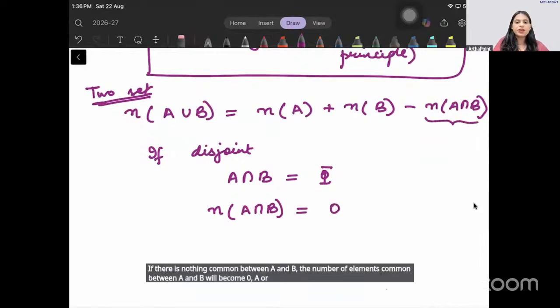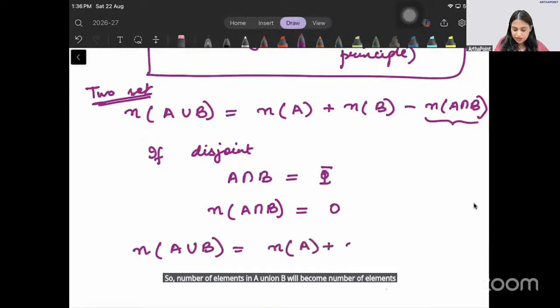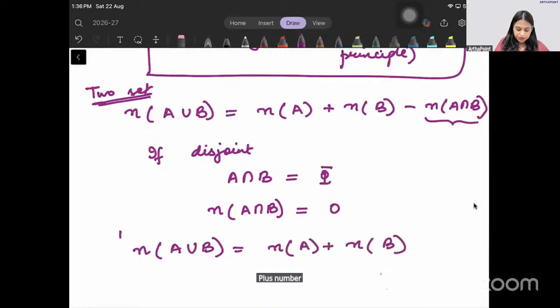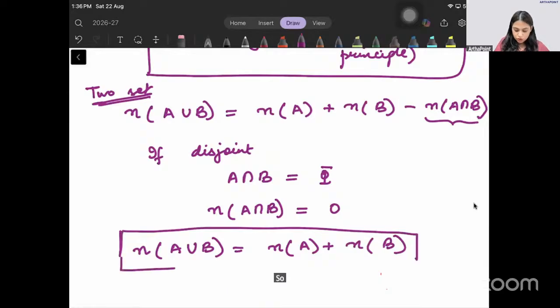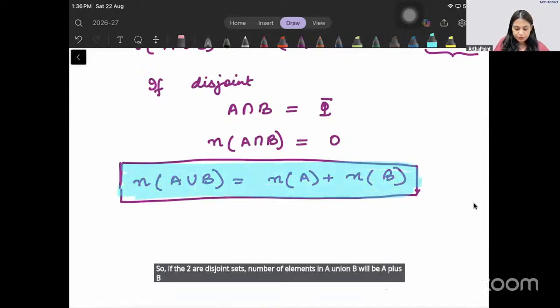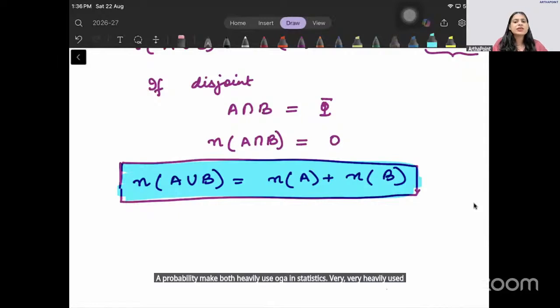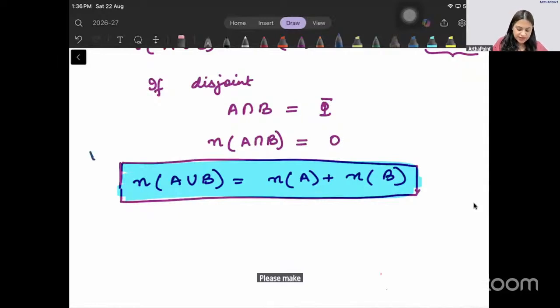So the number of elements in A union B will become the number of elements in A plus the number of elements in B. So if the two are disjoint sets, the number of elements in A union B will simply be A plus B. This will be very heavily used in probability and statistics. Please make sure that you understand this well, because here I will replace n with p, for probability, later on.